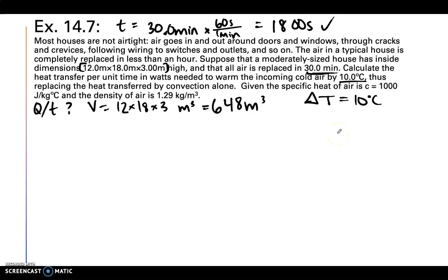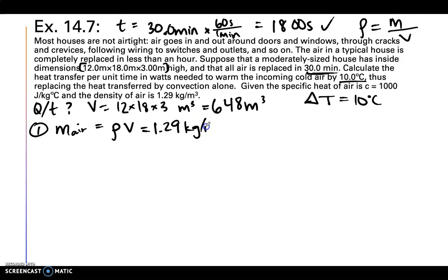Okay, so the first question is, what is our mass of this amount of air? Remember before I stated that density is mass over volume. So we can find the mass of the air by saying this equals density times volume. Our density of the air was given as 1.29 kilograms per meter cubed.